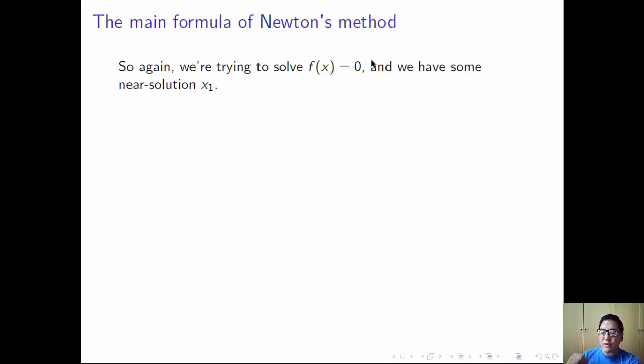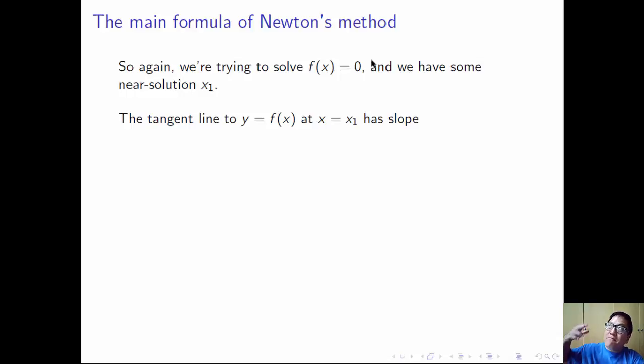Okay, so again, returning to our main discussion, we're trying to solve the equation f of x equals 0, and we have some near solution x1, that's our starting place. Remember, the tangent line to y equals f of x at x equals x1 has slope, do you remember? Yes, the slope of the tangent line is f prime of x1. And that tangent line goes through a point. Do you remember what point?